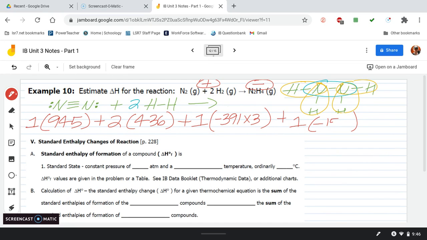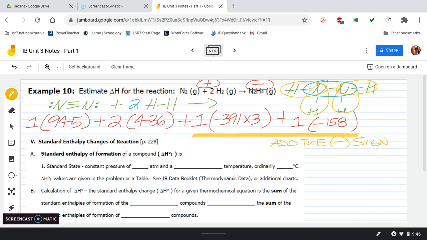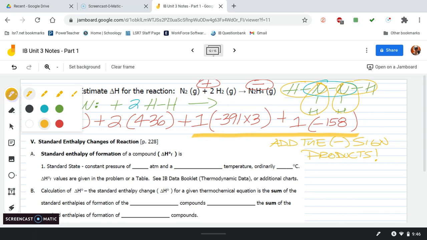And that's because these are products. And so once again, let's tell ourselves that for these right here, we add the negative sign because they're products. Okay, now we have to do that. Like it's not going to do it for us. Okay. All right, so let's add it up.